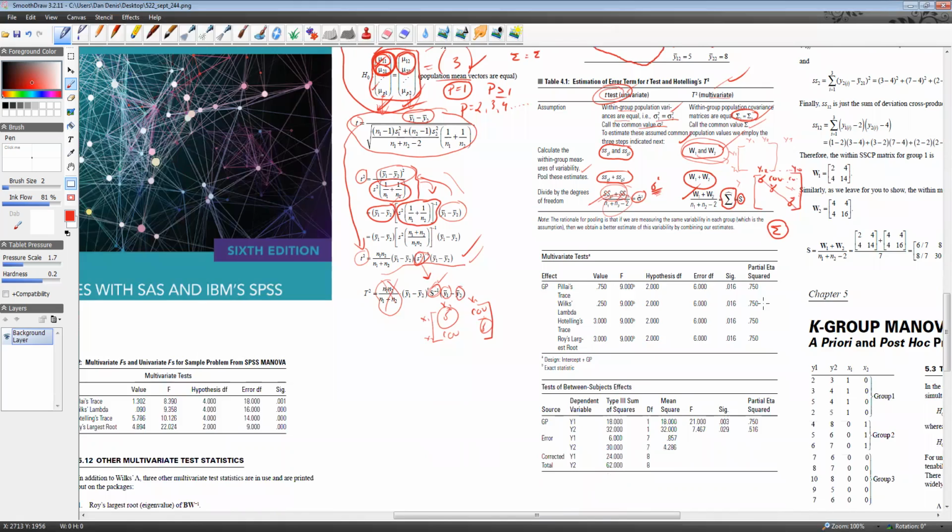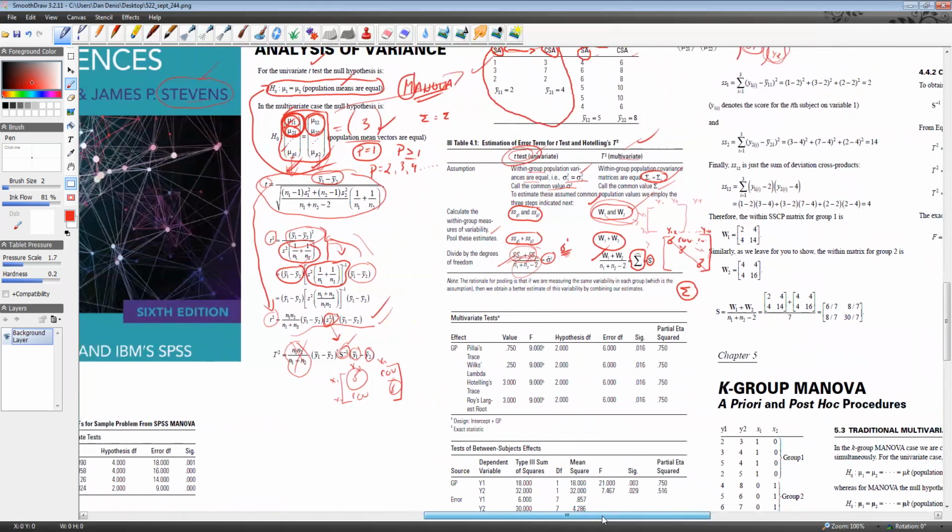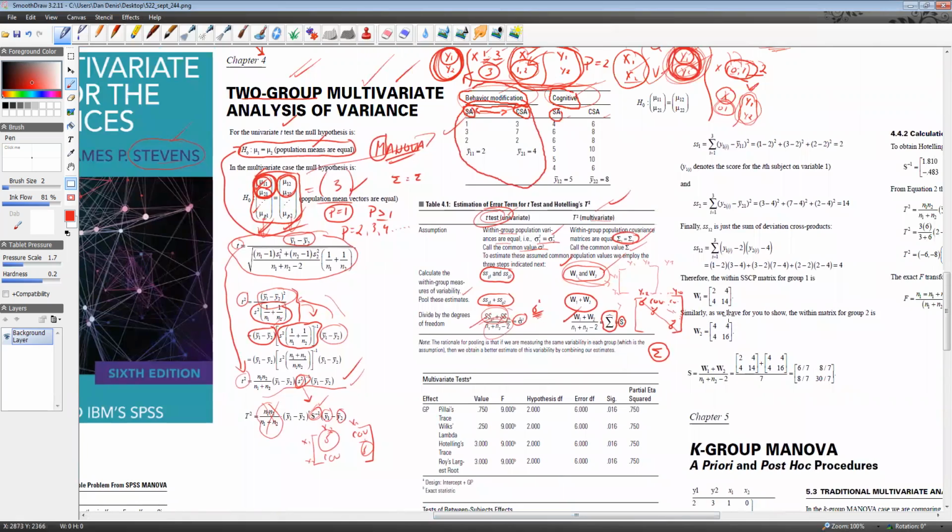So what is our output? Well, actually, let's do the computation here. See how this is computed. Our null hypothesis in this case is right up here for this particular data. Two groups, one group, another group, right? So we assume that behavior modification is equal to cognitive. Now we've got two response variables, mean of one, mean of another.